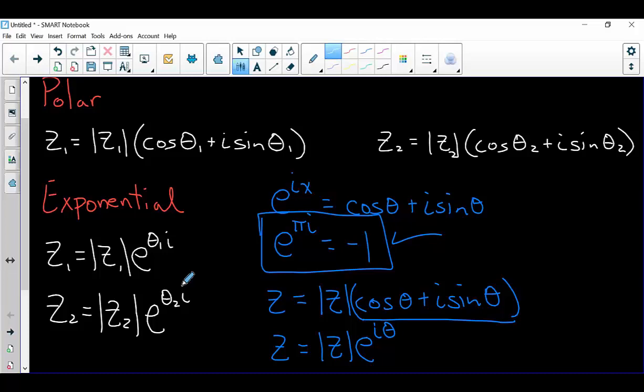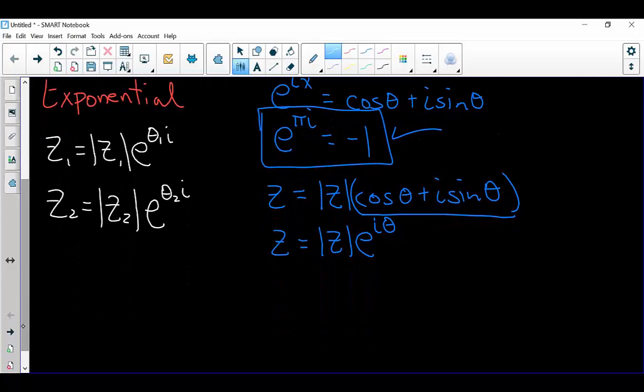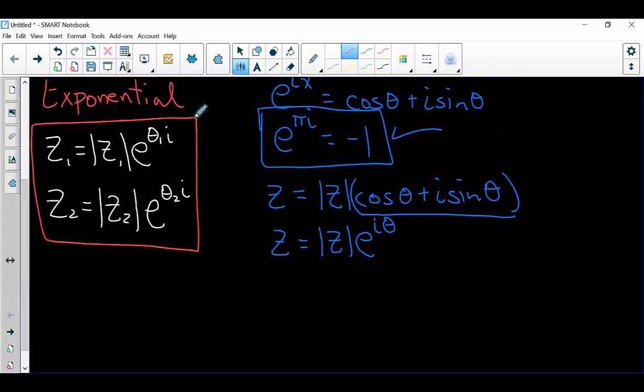Now, I want to look at something here. What I've done is I have shown you the exponential form of these complex numbers. Now, I want to show you what that enables us to do. So I'm going to give you an overview of some of these operations.